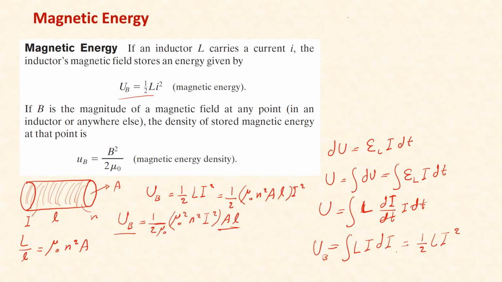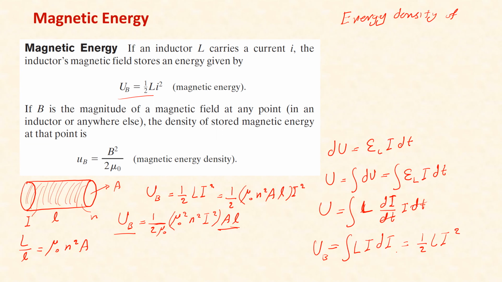So if we define the magnetic energy density, let's say just energy density, lowercase u for B, equal to UB divided by the volume, which is A l.